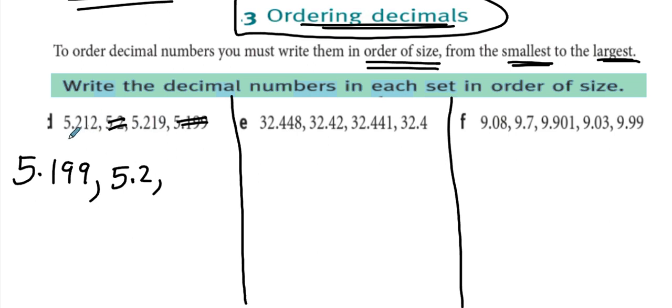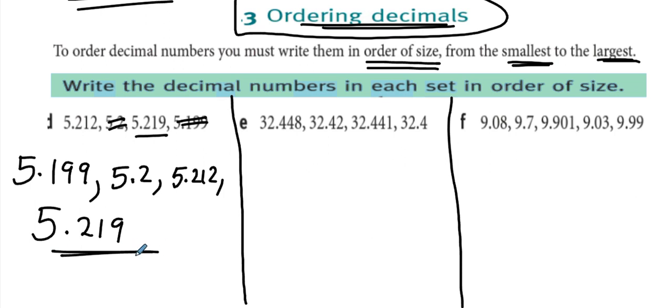Go to the fourth digit: 5.212, and this one is 5.219. So it means 5.212 is the next smallest, and the largest of all will be 5.219. Yes, this is correct.